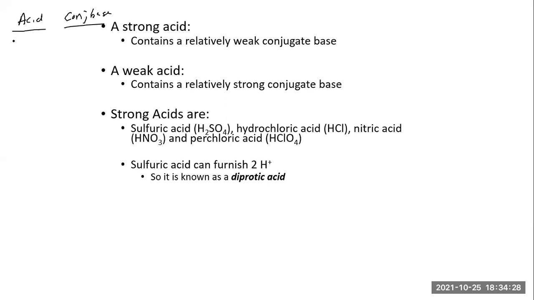What that means is if you're starting with a strong acid, its conjugate base will be relatively weak. And basically what that means in most cases is it will not continue to react with water and mess up the acidity of the solution. If your acid is a weak acid, its conjugate base will be relatively strong. So there's an opposite relationship between those things.